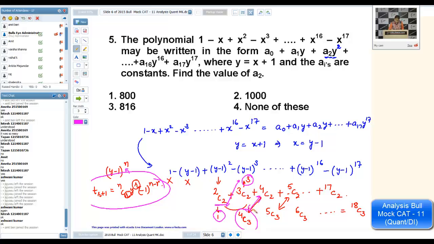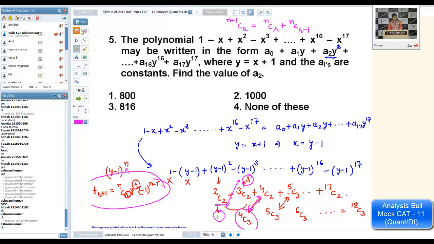Combining, I get 5c3. I am using the formula (n plus 1)Cr equals nCr plus nC(r minus 1). You must be comfortable with that; it is a derivation in binomial. Are you okay with this explanation, Ashwini?